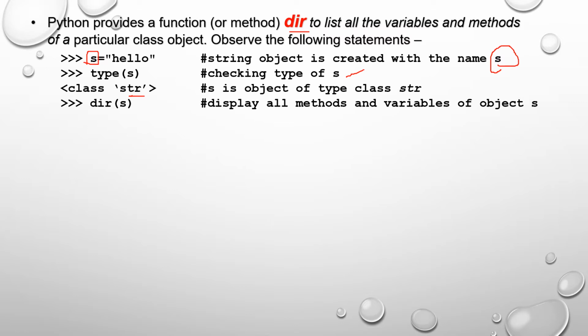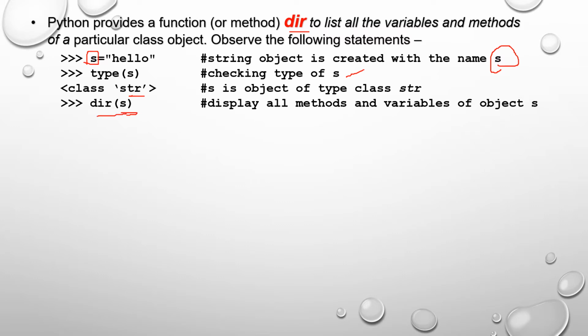Here we declare dir(s), so the argument is s, which is the string object. This instruction will display all the methods and variables of the object s.